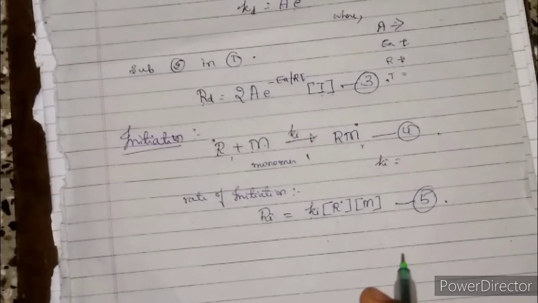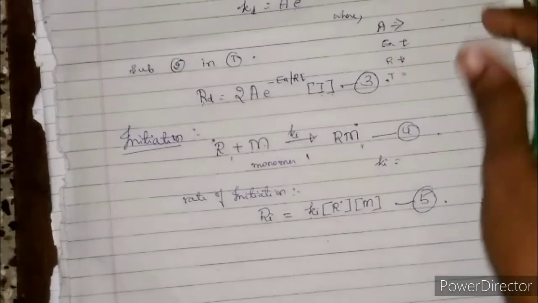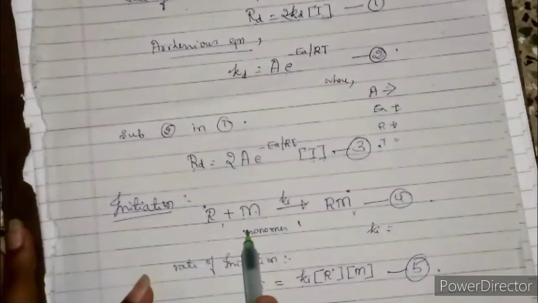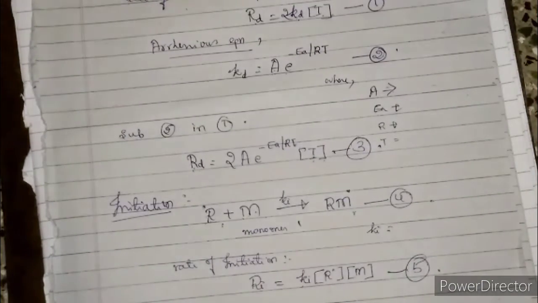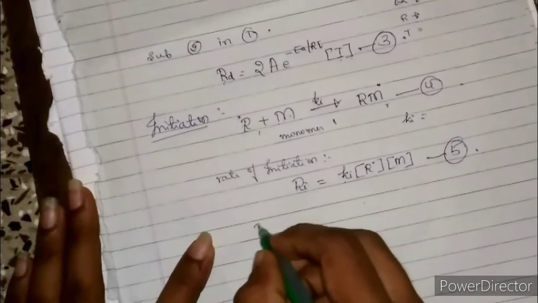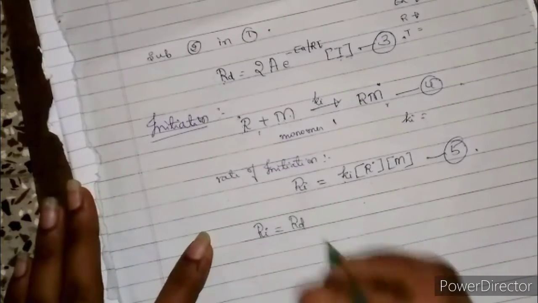Since the free radical you get is highly reactive, they soon attack the monomer, right? So the rate of their generation is equal to their disappearance. Okay, what I mean is Ri is equal to Rd.